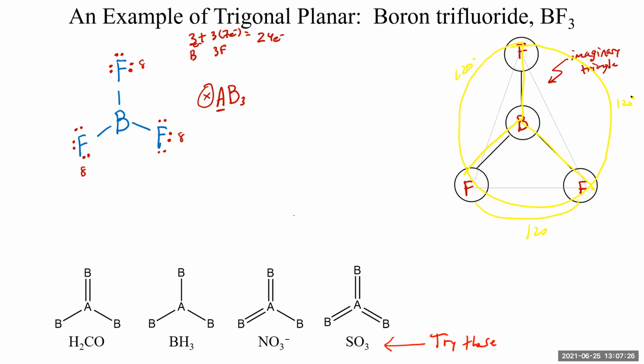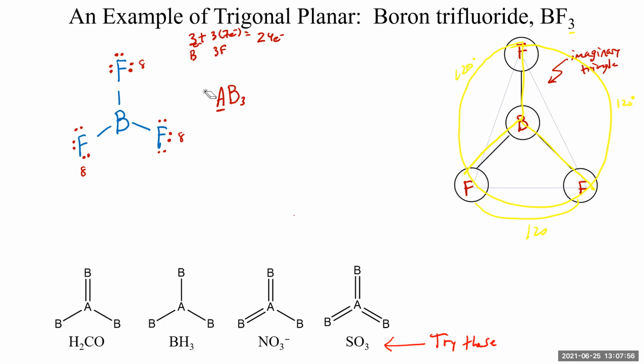You're splitting up a 360-degree circle into 3 even slices, making a Mercedes-Benz sign, 120 degrees apart from each other. Those are the bond angles. So it's boron trifluoride, 1 boron and 3 fluorines. A single central atom with no lone pairs with 3 outer atoms.